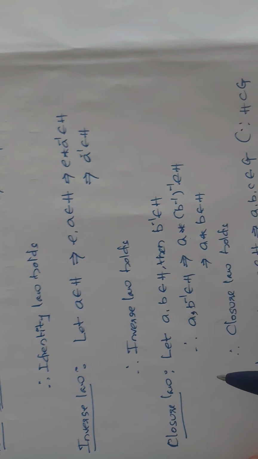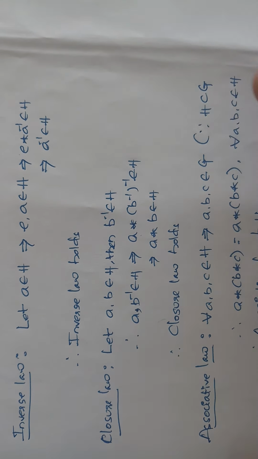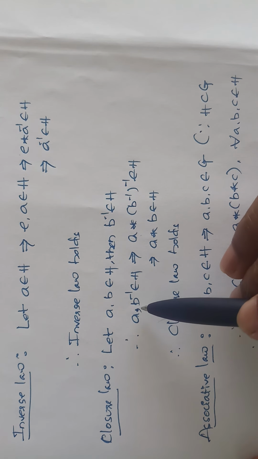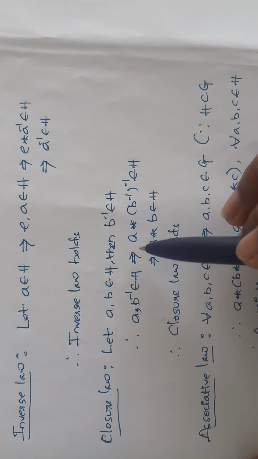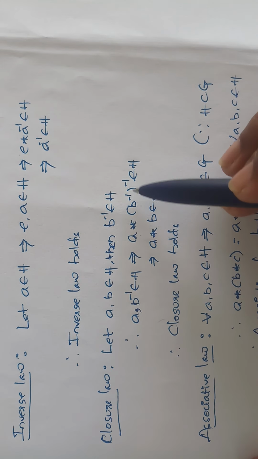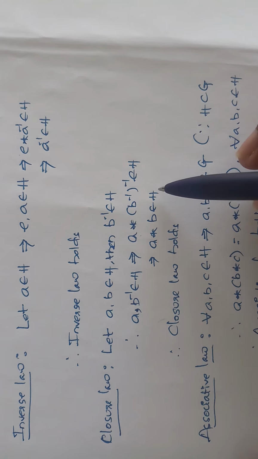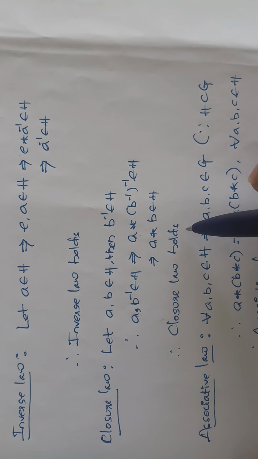So next, closure law. Let A, B belong to H, then B inverse also belongs to H. That implies that A, B inverse belongs to H, and then A star B inverse inverse also belongs to H. That implies that A star B belongs to H. So here closure law holds good.